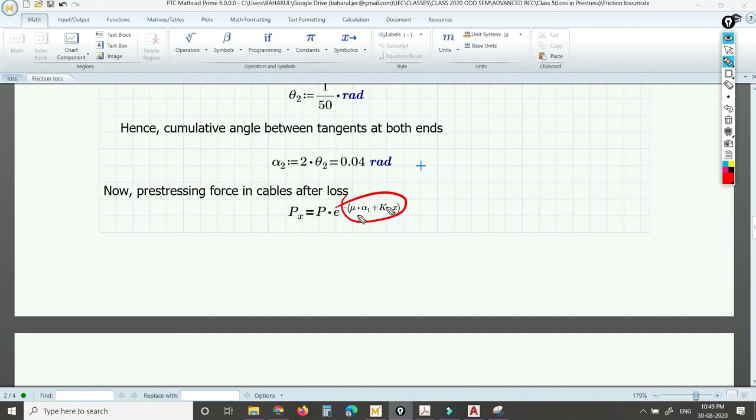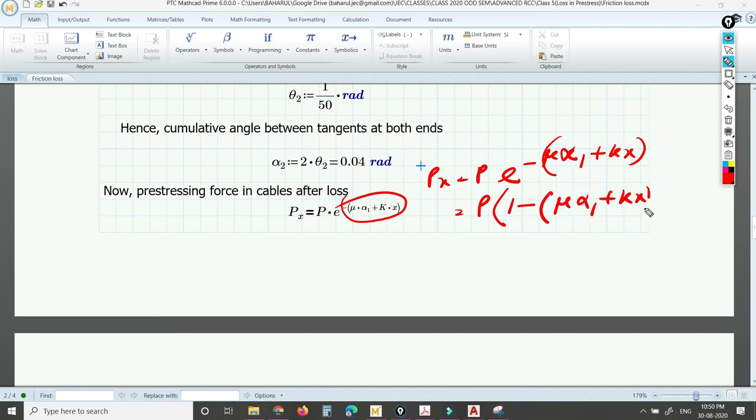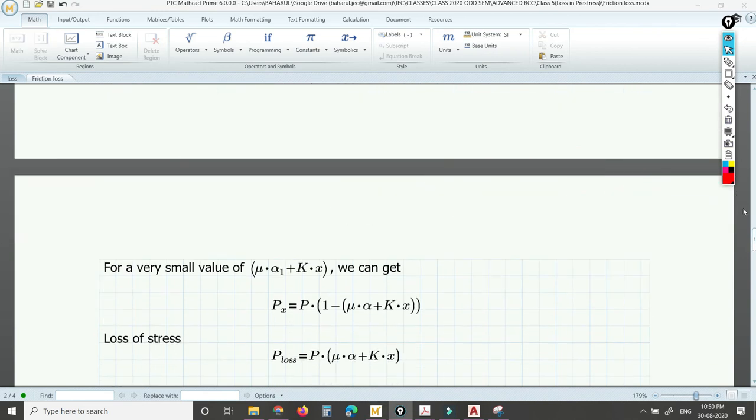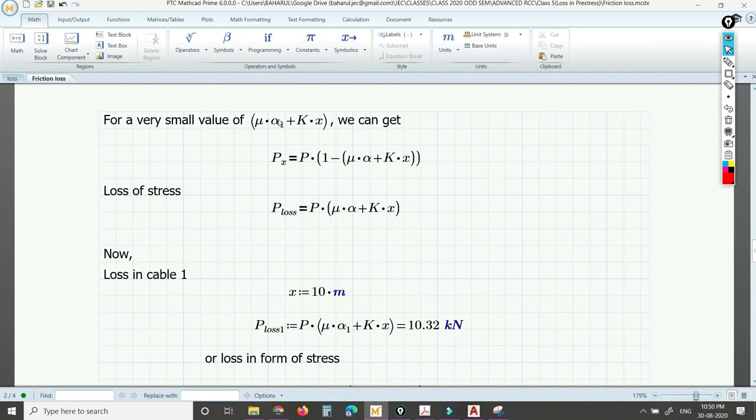It has been found that the friction losses are generally very small, so this value is generally very small. So the equation Px is equal to P e to the power minus (mu alpha plus Kx) can be written as P naught into 1 minus (mu alpha plus Kx).